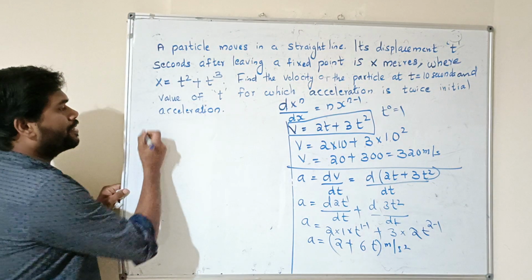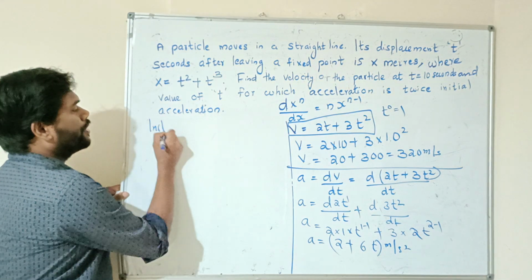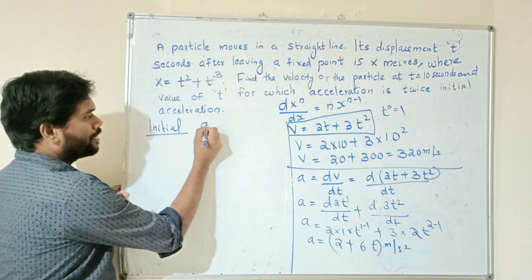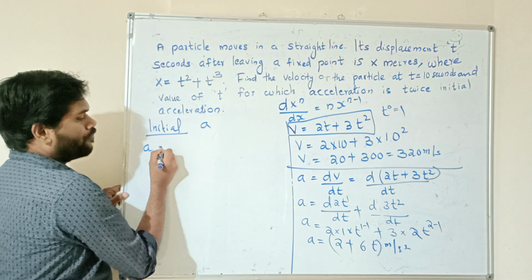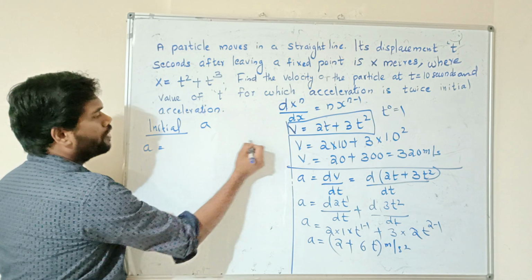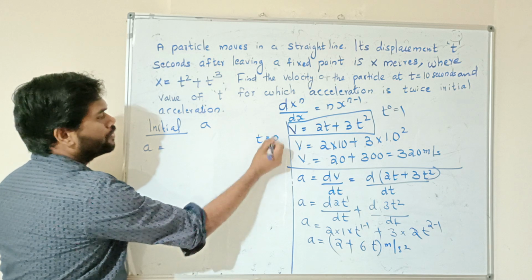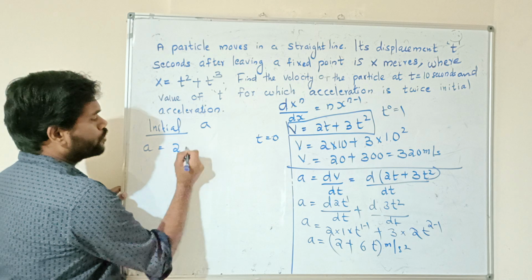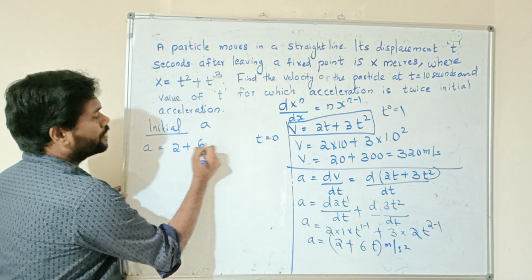To find the initial acceleration, we'll put the t value as 0 in this equation. We have the equation for acceleration as 2 plus 6t.